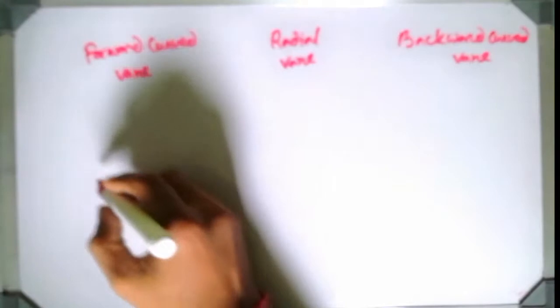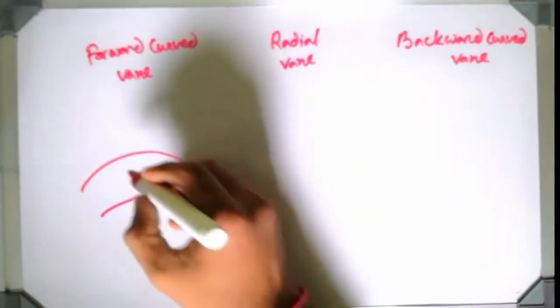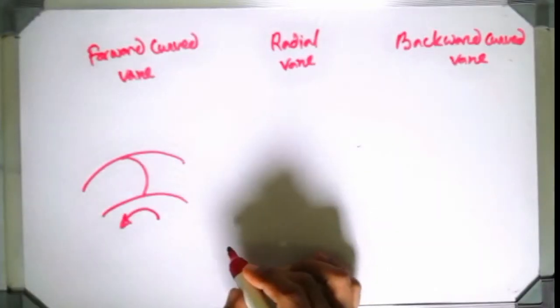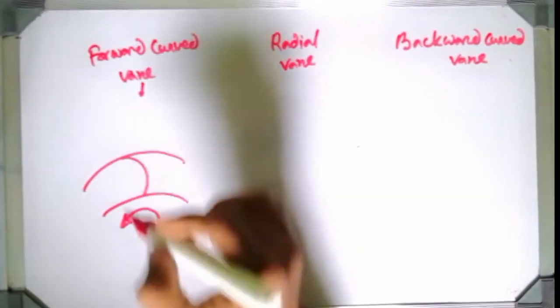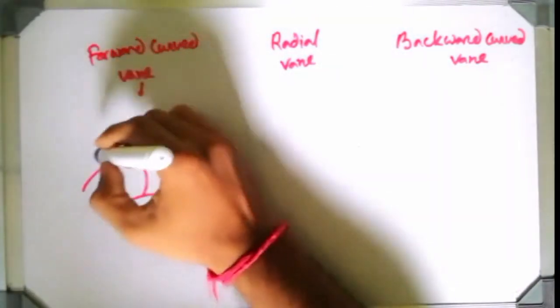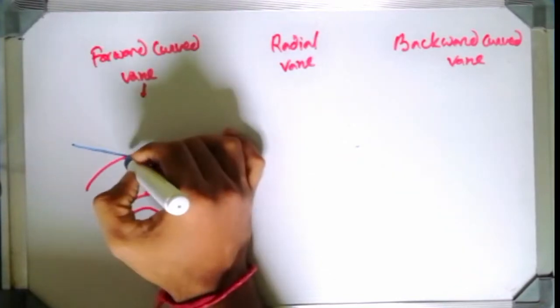Let me draw a simple picture. Suppose like this kind, a small picture. So the blade is bent like this and the motion is occurring this side. Okay, so this is the forward curved vane. So how will the geometry of the outlet velocity diagram look? The velocity diagram will look like this.